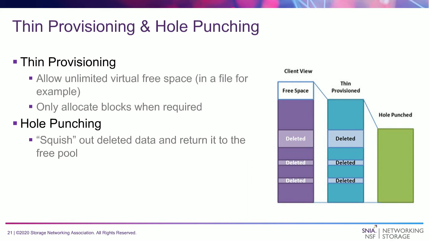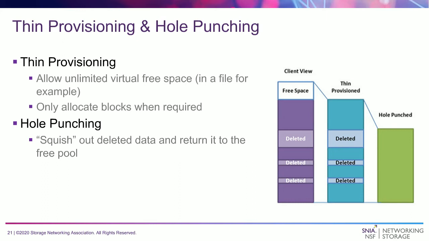So the other techniques that we can use, last but not least, thin provisioning and hole punching. Thin provisioning is a really simple concept. If I allocate 2 terabytes, but I fail to write to them, why should I reserve 2 terabytes of real storage for you when you actually haven't written a single solitary bit to it? And the answer is, well, don't in that case.